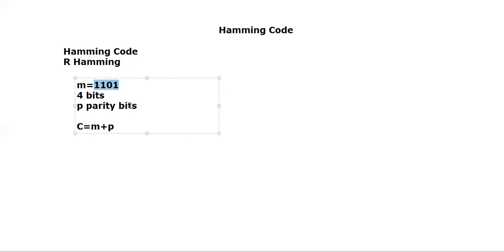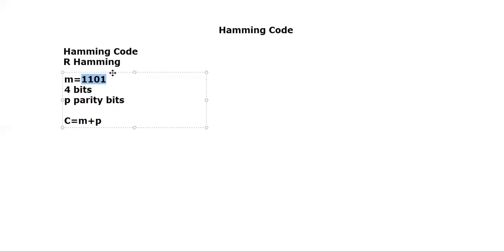Now we have to find out how many parity bits should be added to my message for a reliable transmission. So now it's time to calculate the value of P. How do we calculate the value of P? P is nothing but the number of parity bits.